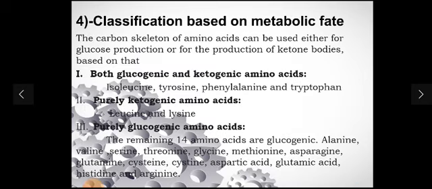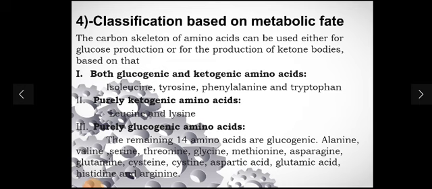Finally, we can classify amino acids based on their metabolic fate. What do we mean by metabolic fate? Most amino acids are broken down to form either glucose or ketones.